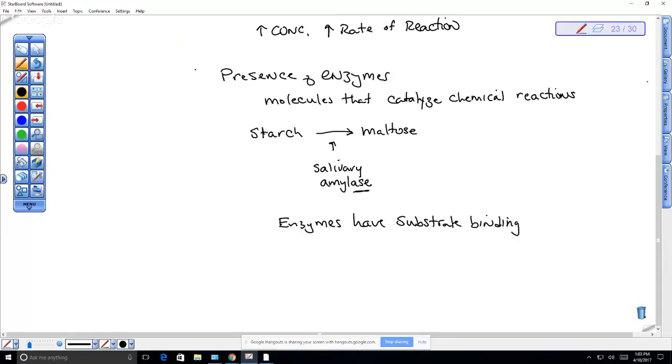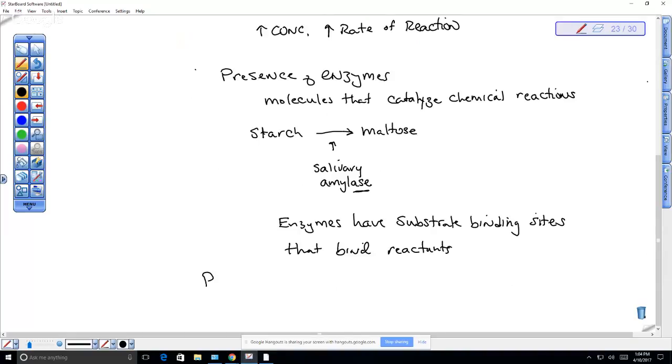I'll show you a picture of this in a second. Enzymes are generally proteins, and they have a really complex three-dimensional structure, and so they have little sites on them that bind the reactants. Okay, so we'll put that bind reactants.